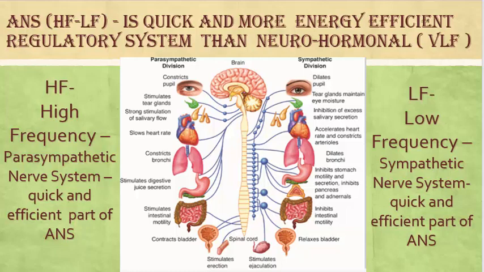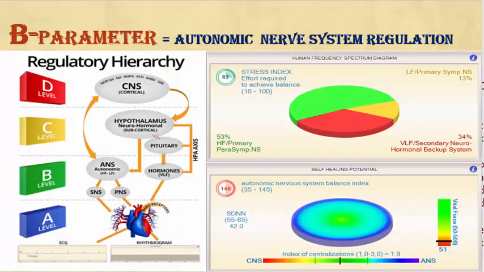So let's take a peek and see what's going on. The B parameter shows how the autonomic nervous system has a relationship with neurohormonals. This is what we see on the pie. We see how much input we have from the high frequencies, low frequencies and very low frequencies. In this case, the high frequency and low frequencies represent more of the autonomic nervous system.